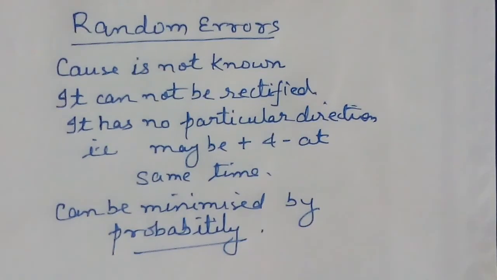That's why we take so many observations. Our teacher tells us to take many observations so that we can come close to the true value of the experimental value. So these errors cannot be rectified, though they can be minimized by probability, or by taking many observations.